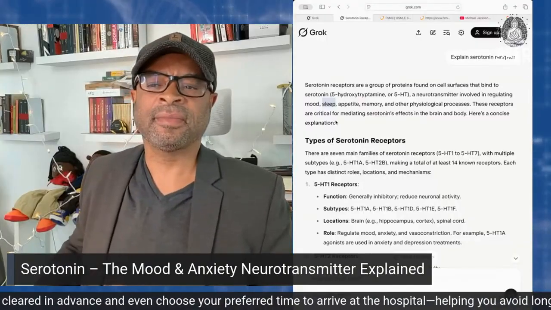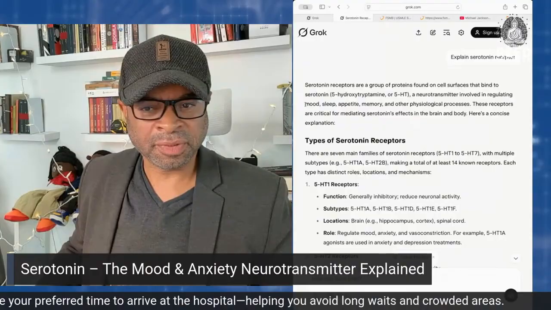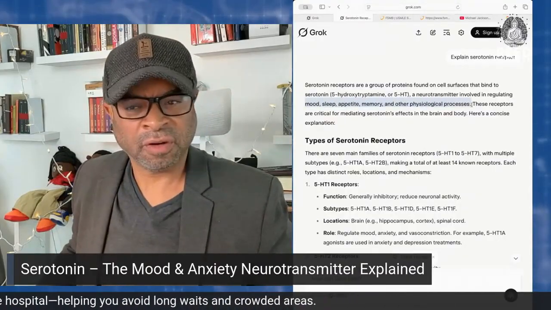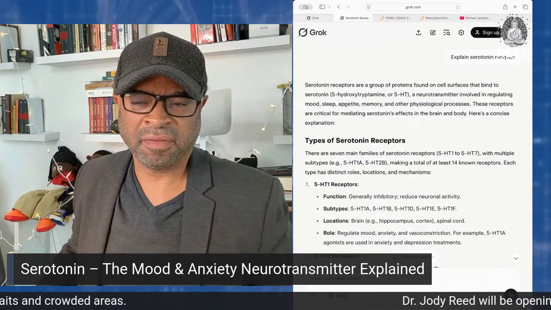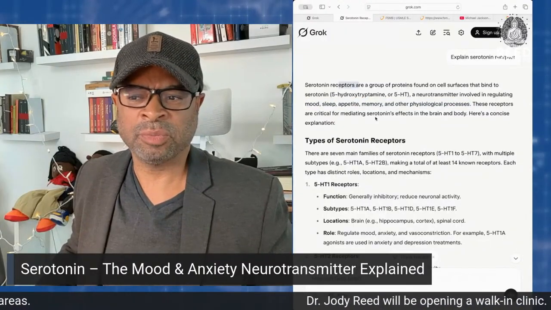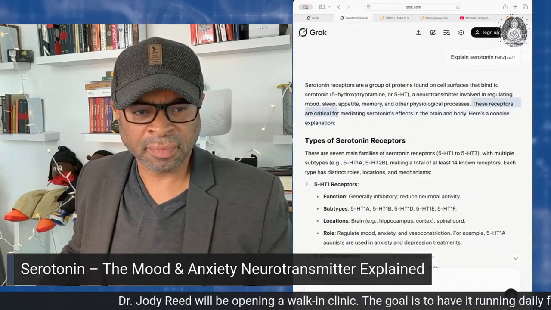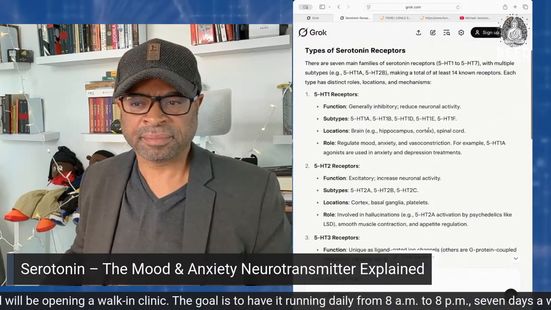So the symptoms of depression are basically attached to the domains that this receptor is responsible for. These receptors are critical for maintaining serotonin's effects on the body and brain.